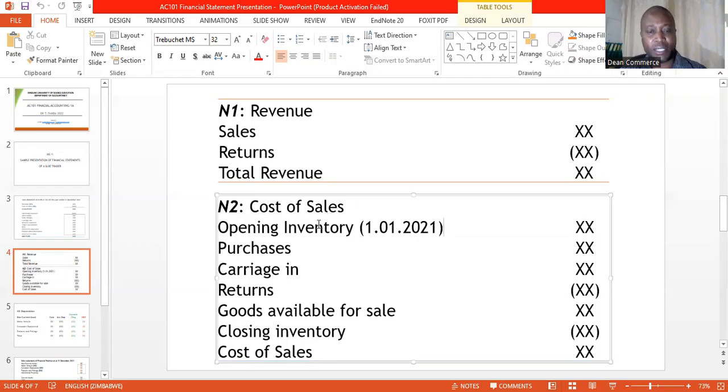You would have noticed that if you have a trial balance, the inventory written at the beginning of the trading period will be the opening inventory. And then we are going to look for the figure of purchases, which we then add to the opening inventory. What this means is that at the beginning of the trading period, we had a certain amount of goods.